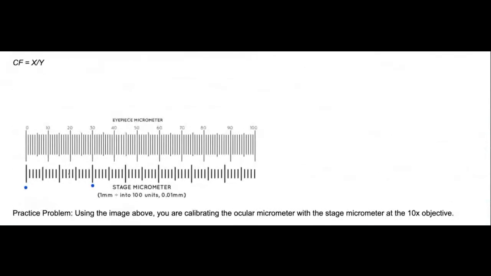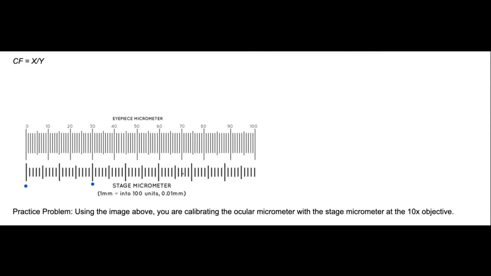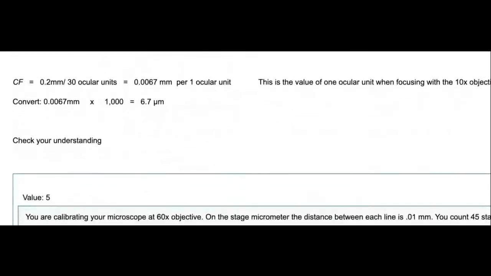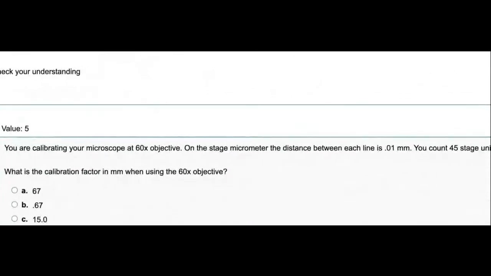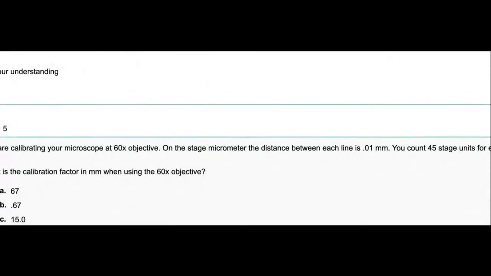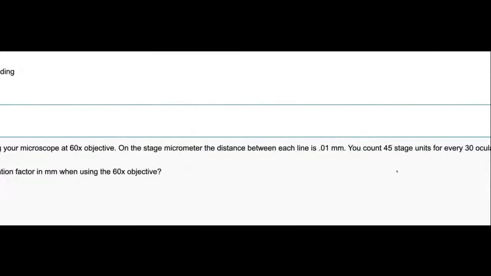So up here, we counted 30, but for this new problem, imagine this major tick mark lining up at 45. So to find out what that major distance is, you'll have that 0.01 times your 45 stage units. So the lines match up at 0.01 times 45.